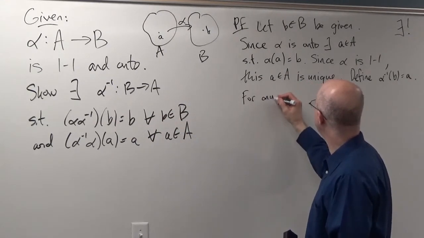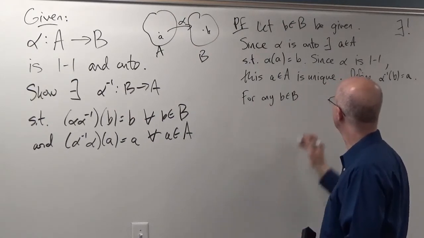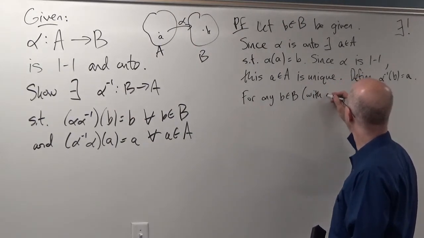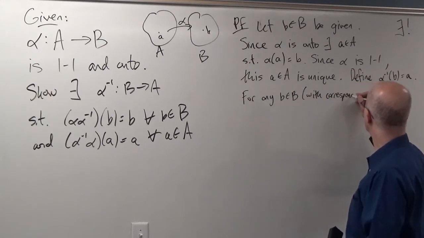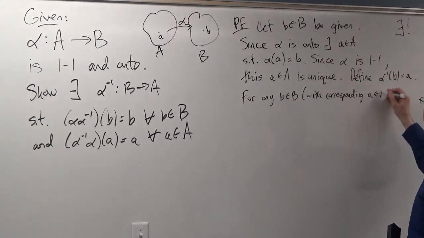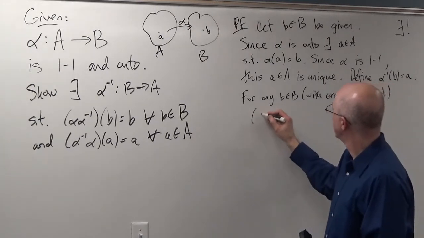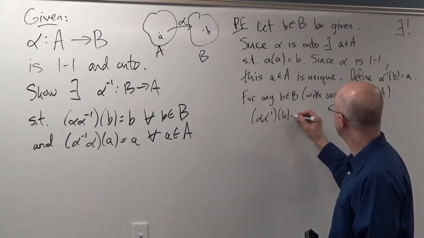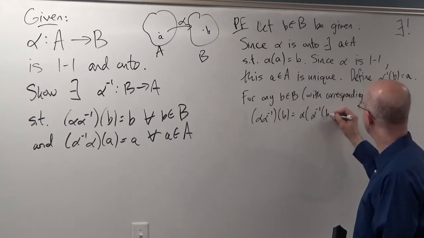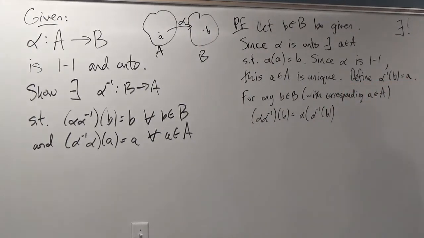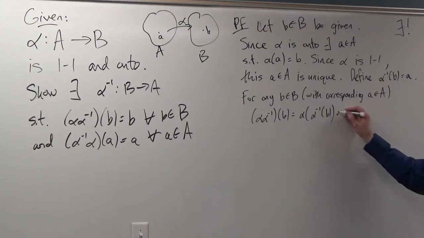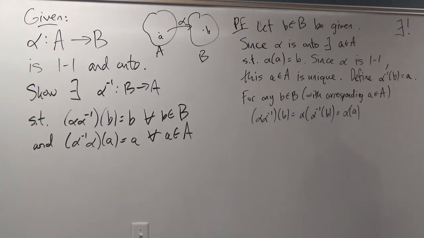You could say for any little b in capital B with corresponding little a in capital A, I'm being a little extra wordy here, alpha of alpha inverse of b equals alpha of alpha inverse of b, which by the definition in the previous sentence equals alpha of a. But alpha of a, by definition, is b. A and b correspond to each other.